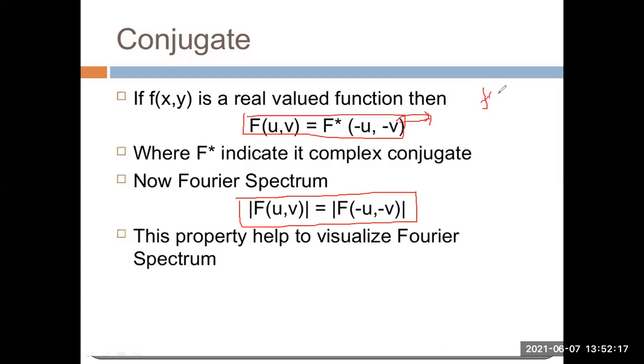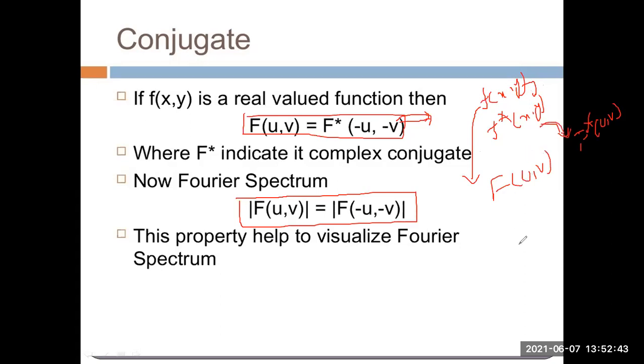Now remember this: if f of (x, y) is the original signal, then in terms of spatial coordinates, f star of (x, y) will be the complex conjugate of the signal. But in terms of the frequency domain, if it is represented by F(u, v), and F star(u, v) represents the complex conjugated frequency domain, then what is the relation between these two?